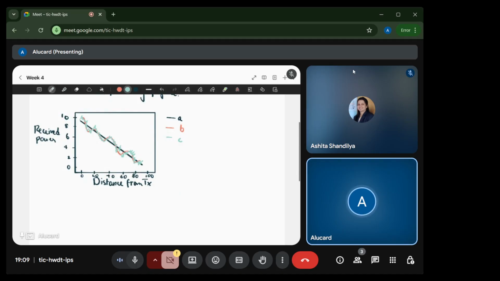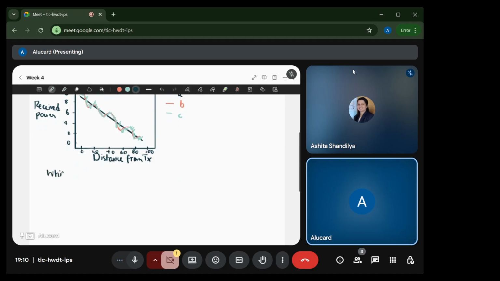And the question is, which of the above curves shows a curve that considers only path loss?